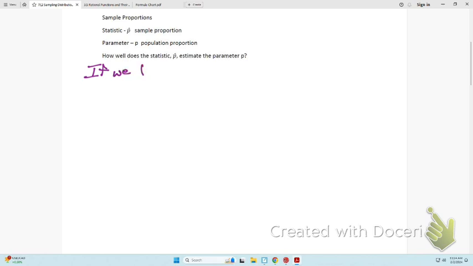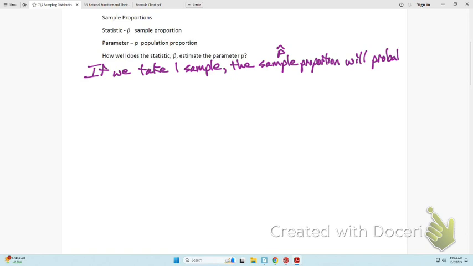If we take one sample, the sample proportion P hat, by the way, will probably, it's not a sure thing, be close to the true proportion P. So first off, it's really important to know the difference between P hat and P. P hat is based on a sample, and P is the overall proportion for everyone that we're interested in.